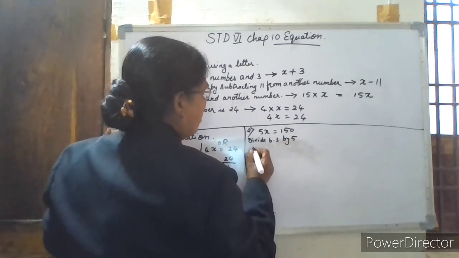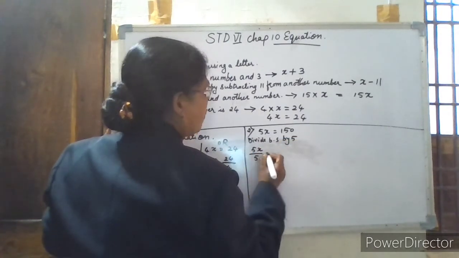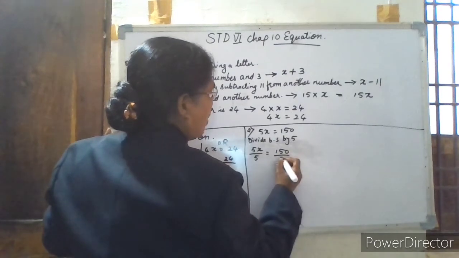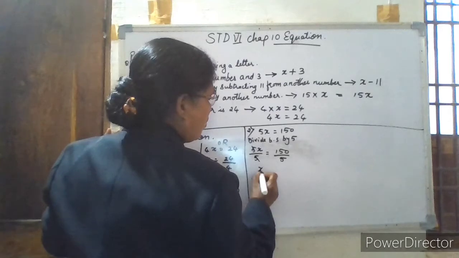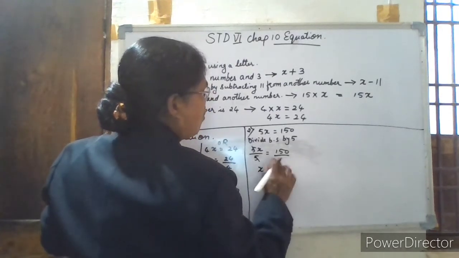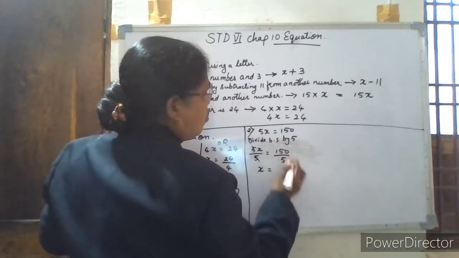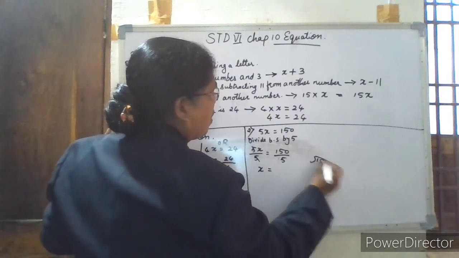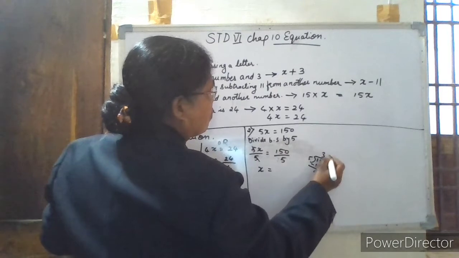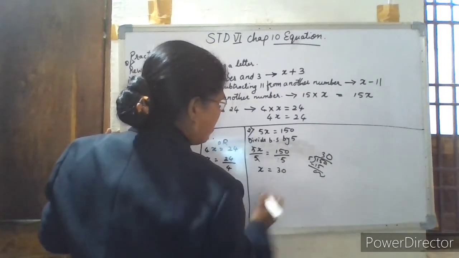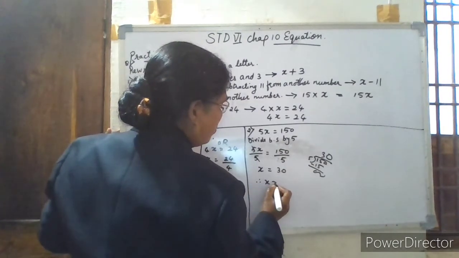We get 5x by 5 equal to 150 by 5. The 5 gets cancelled and only x remains. Dividing 150 by 5: 5 threes are 15, then 0, so it is 30. Therefore x is equal to 30.